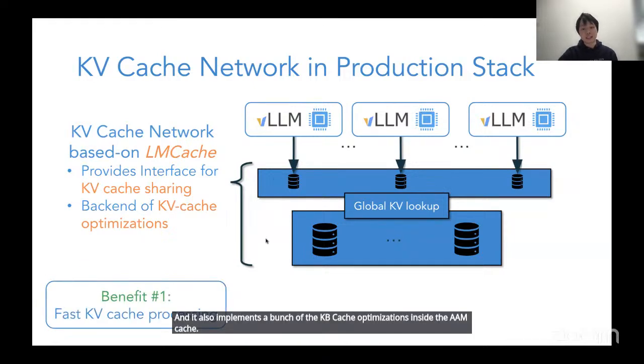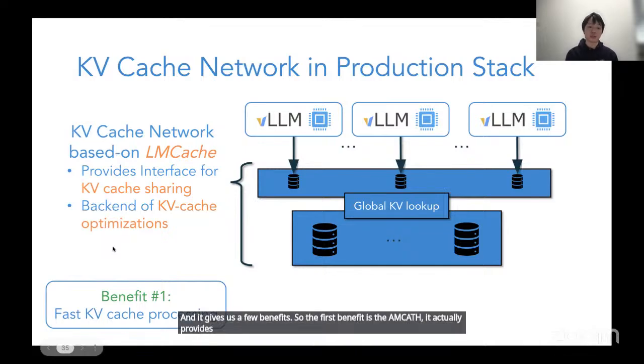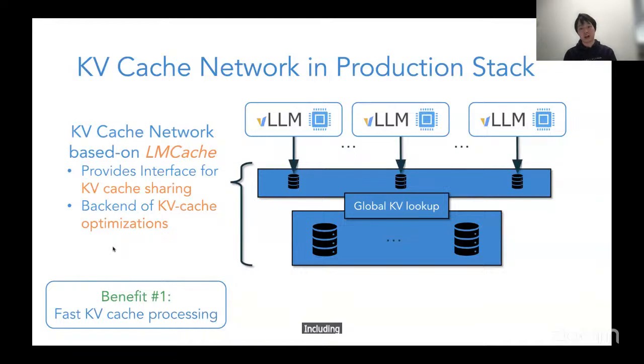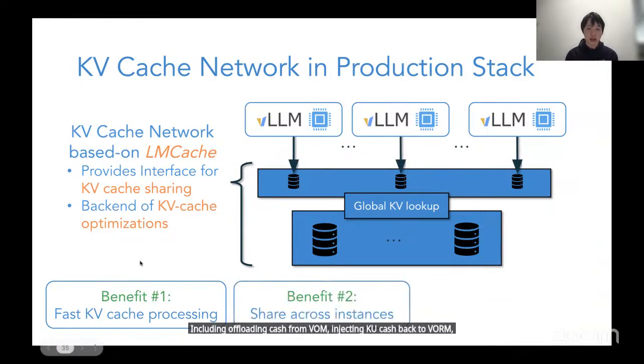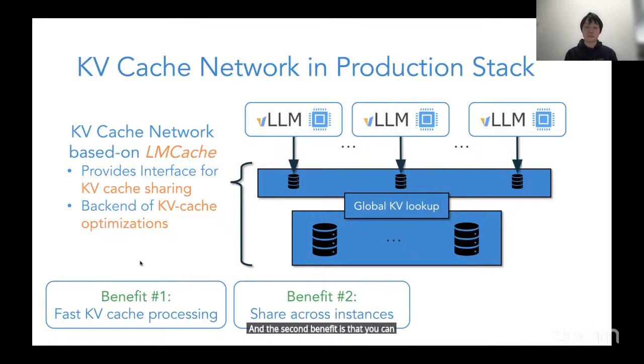And it gives us a few benefits. The first benefit is that LMCache provides a lot of optimizations to achieve faster KV cache processing, including offloading KV cache from vLLM, injecting KV cache back into vLLM, and delivering KV cache across multiple instances. The second benefit is that you can share KV cache across multiple instances.